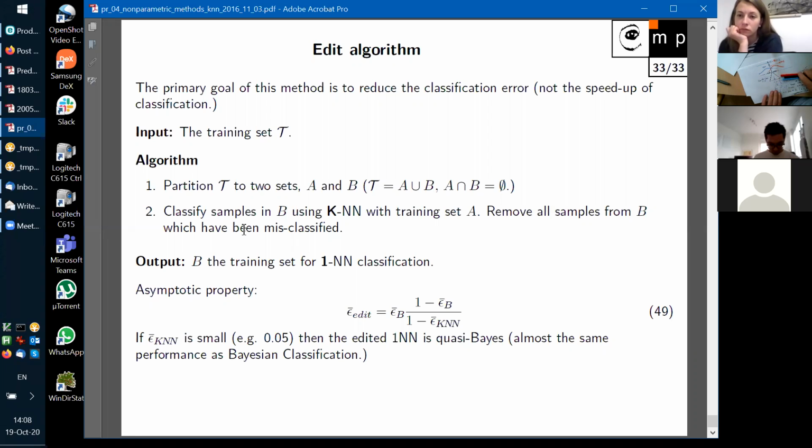Okay, so if we look at it overall, the nearest neighbor comes out as a pretty competitive classifier if we can find a good space in which to measure the distances. And besides deep nets, we'll have one more lecture on this.